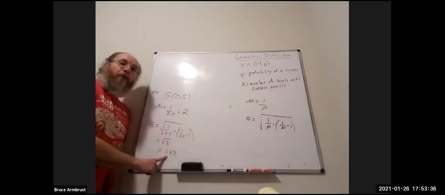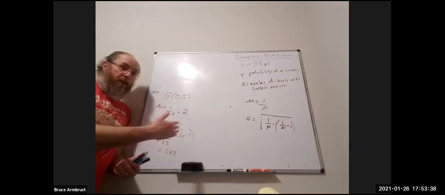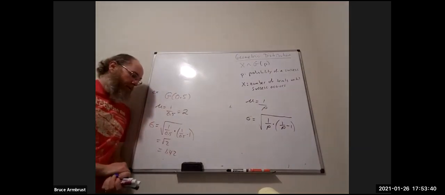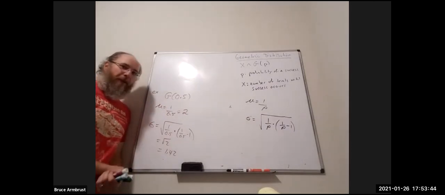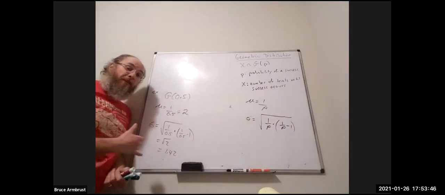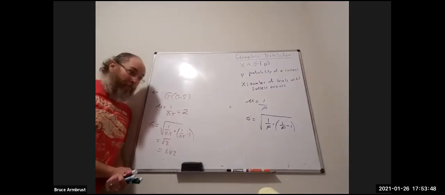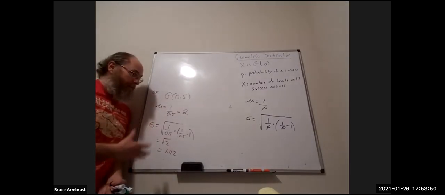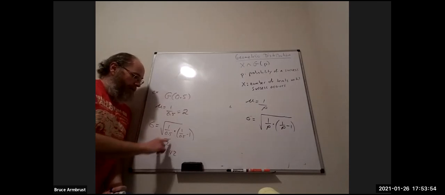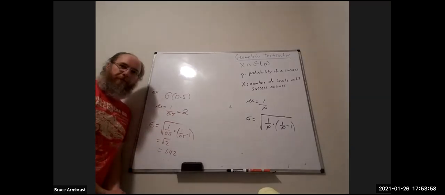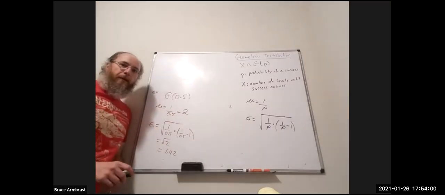Okay, so again, think about what standard deviation tells you. If we go 2 standard deviations on each side, we catch 75% of them. So at least 75% of the time, we should get a number between 0 and 4.8. 0 and 5, basically.